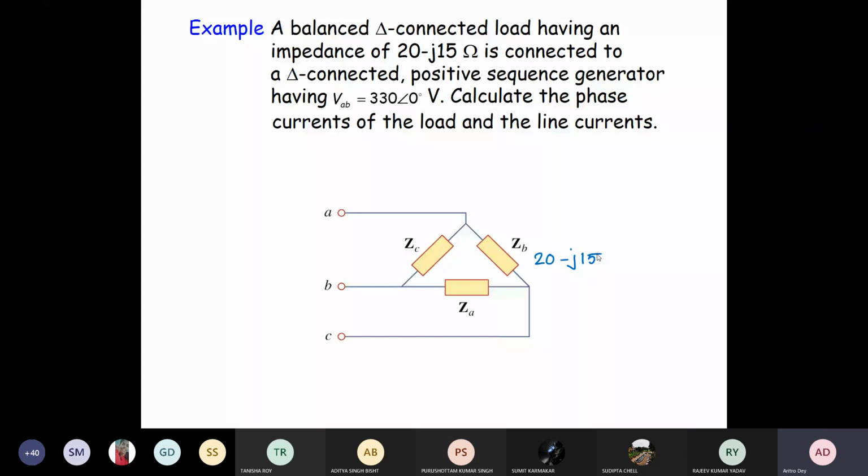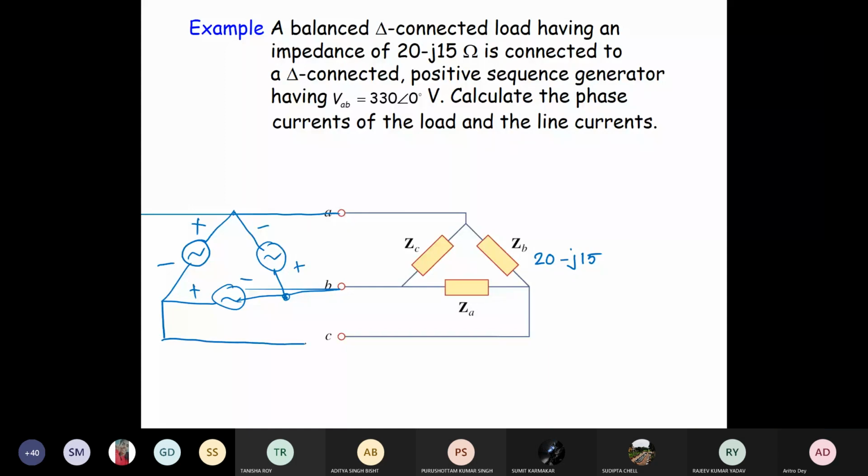I am not going into the details of sequencing, so let us just take simply a delta connected generator. You have a delta connected generator like this. What you have to find out is VAB, that means your line to line voltage is given, which is 330 angle 0.